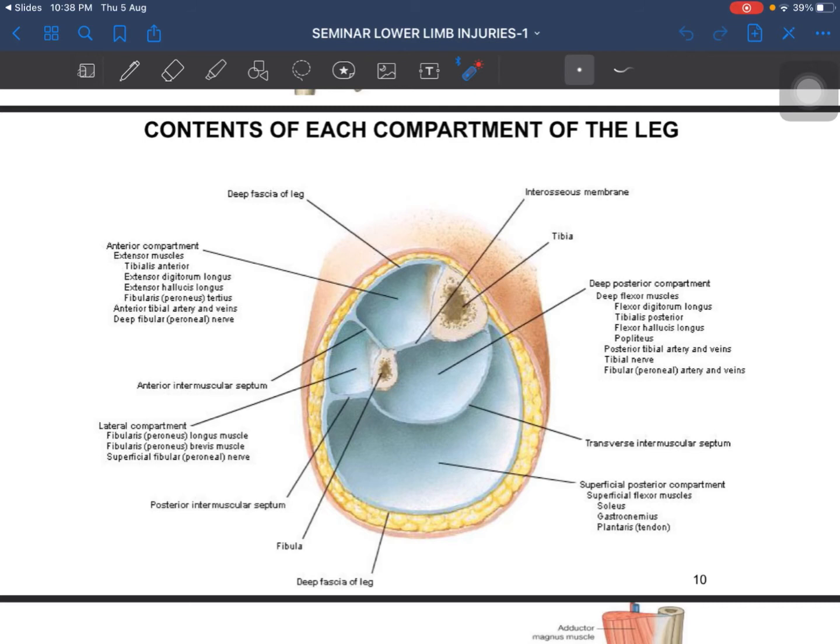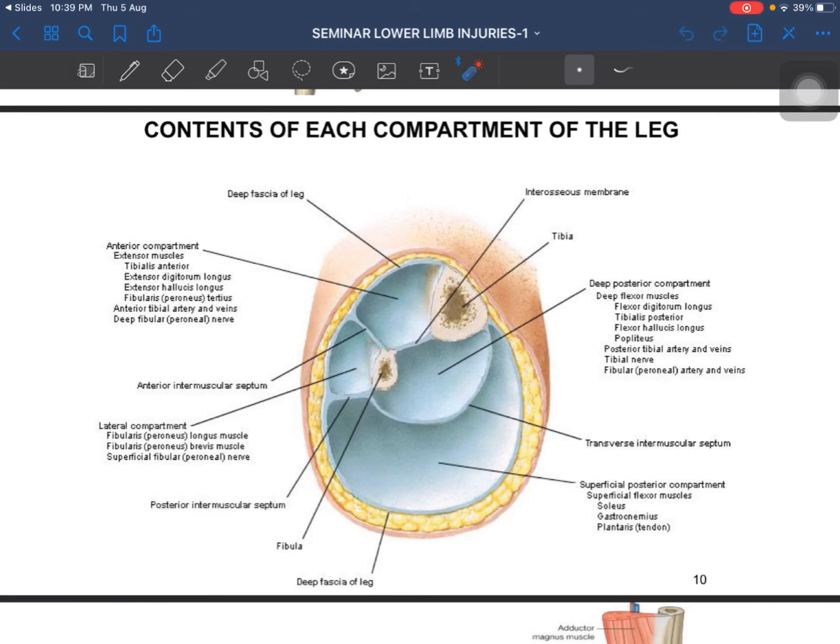This is the anterior compartment, which has extensor muscles: tibialis anterior, extensor digitorum longus, extensor hallucis longus, fibularis tertius, anterior tibial artery and vein, deep fibular nerve.